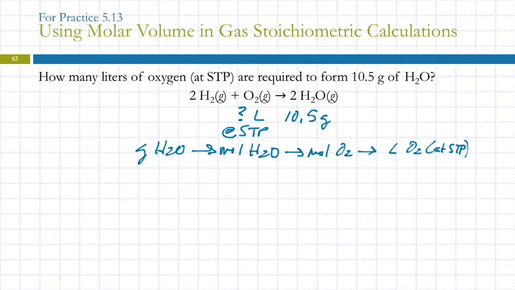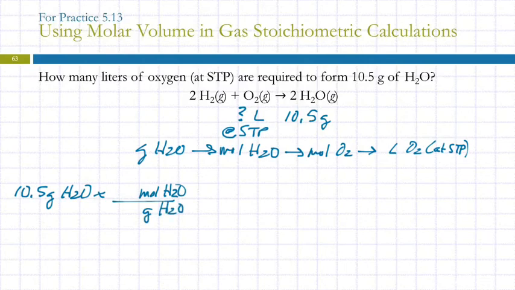So we'll start out with our 10.5 grams of water, and we're going to convert that to moles of water. So 1 mole of water weighs 18.02 grams. And then we're going to have moles of oxygen divided by moles of water.